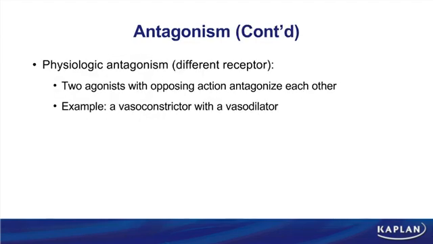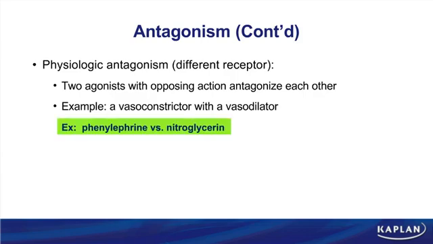A second type of antagonism is physiologic antagonism. In this case, you're dealing many times with two different agonists that oppose each other. The text tells you about a vasoconstrictor combined with a vasodilator. How about a real example? Phenylephrine is a potent vasoconstrictor. It works through alpha-1 receptors, whereas nitroglycerin is an important vasodilator working through nitric oxide.